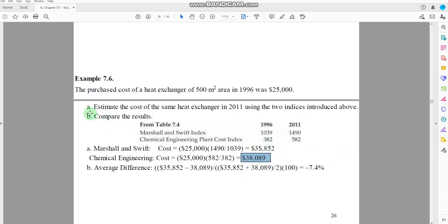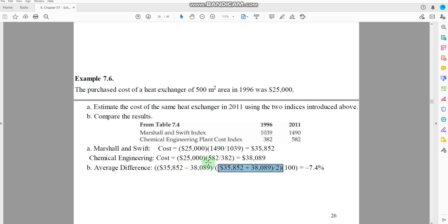Now we can compare the results, and we will take the difference and the average of these two cost indexes. So we can subtract 35,852 minus 38,089. We will have this term in the numerator, divided by the average. So we will take the average here, 35,852 plus 38,089 divided by 2.